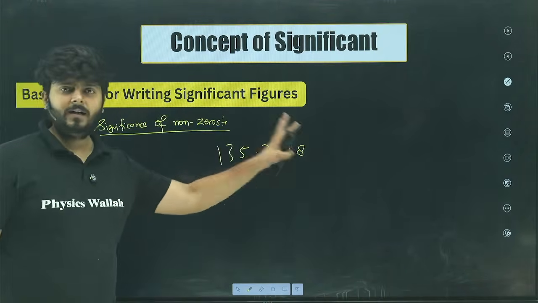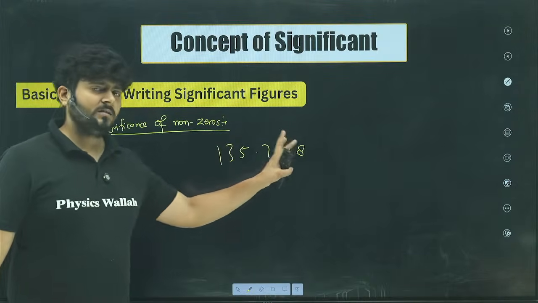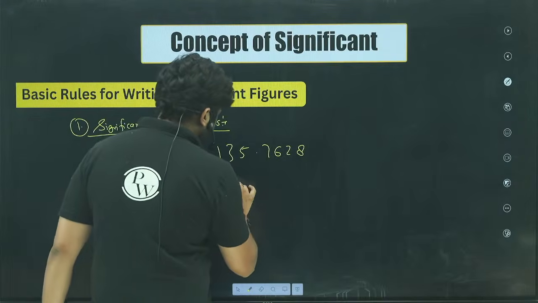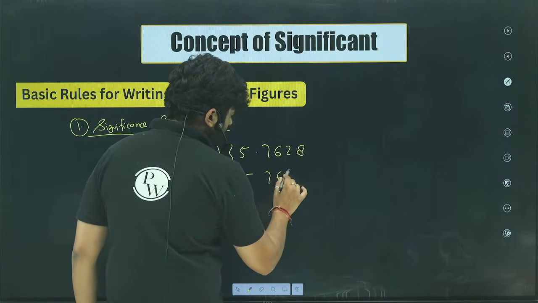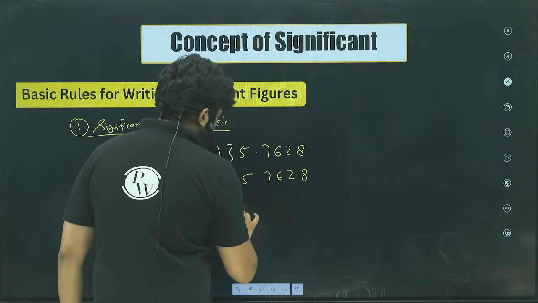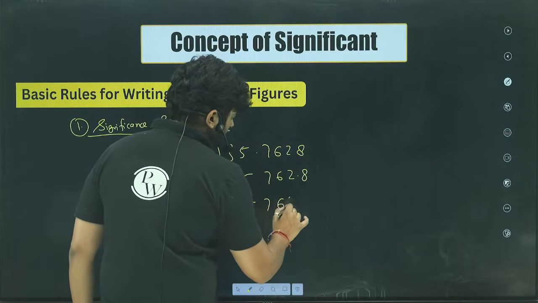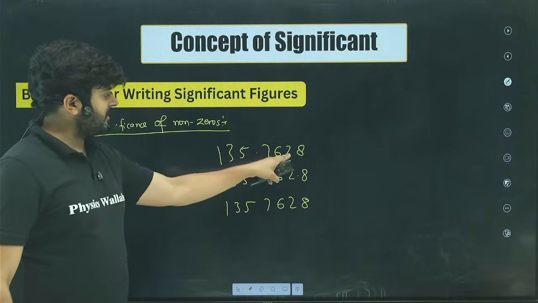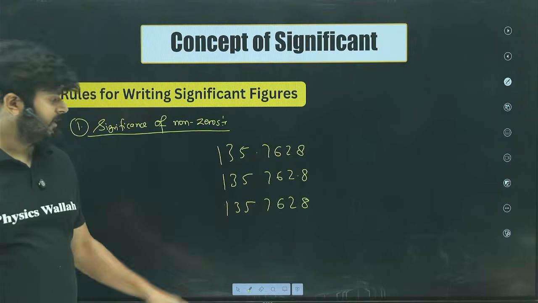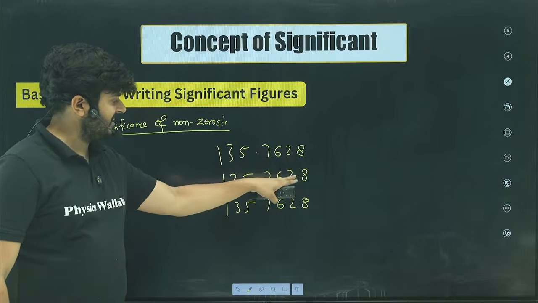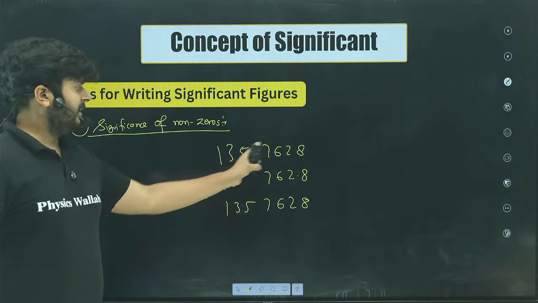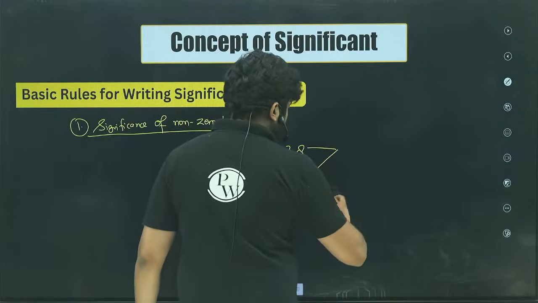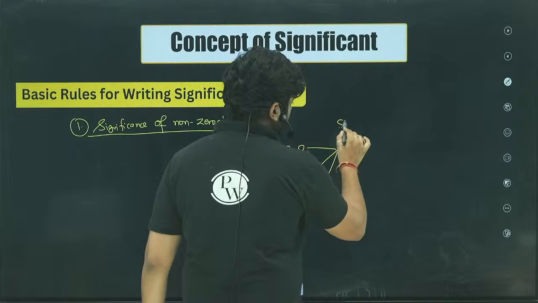There is no zero in it, so all the numbers in this one are significant. 1, 2, 3, 4, 5, 6, 7. There are 7 non-zero numbers. Decimal can be anywhere, it really doesn't matter. In all of them, there are 7 non-zero numbers. So the number of significant figures is 7.